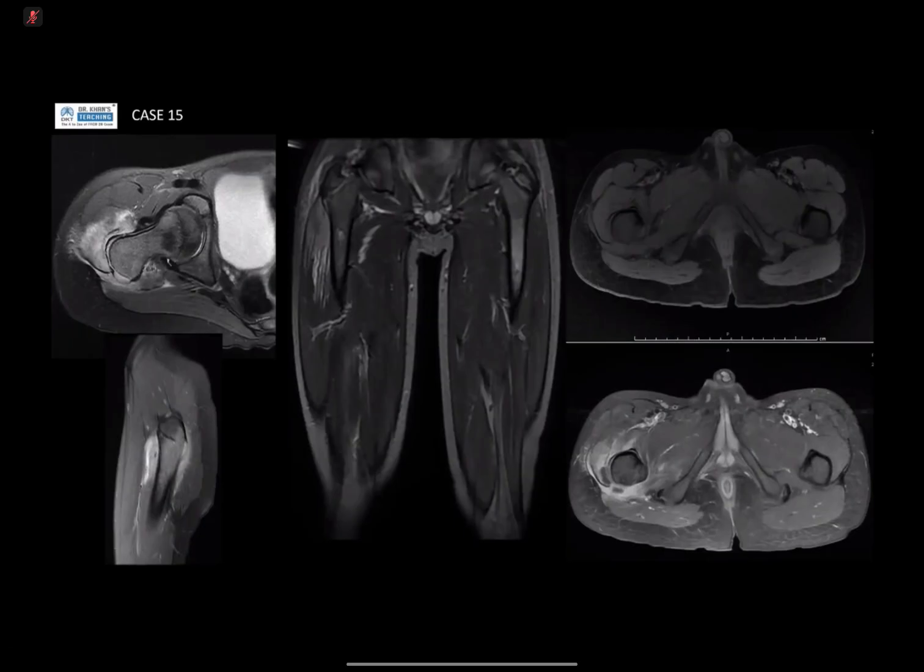And on post-contrast, there is an enhancing well-defined collection seen, 2 collections.